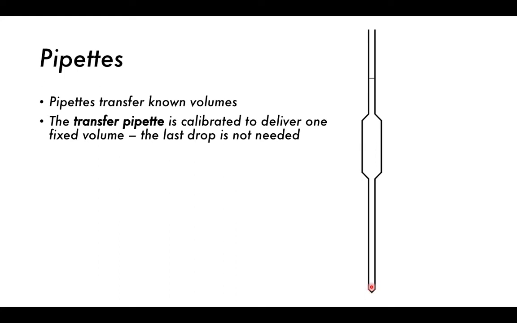This drop does not need to be removed because the pipette has been calibrated based on the idea that this drop will remain. And so we shouldn't try to force it out in any way and should just discard it. So here's the calibration mark. We fill to this line whenever we fill the transfer pipette so that we know whenever we deliver to its new container, it will be that amount.